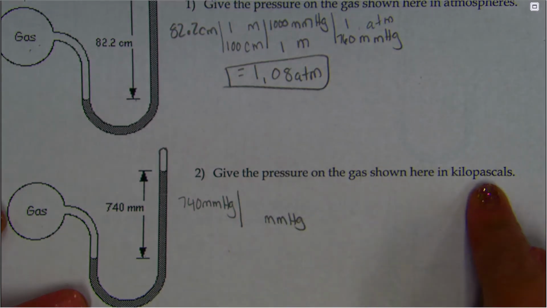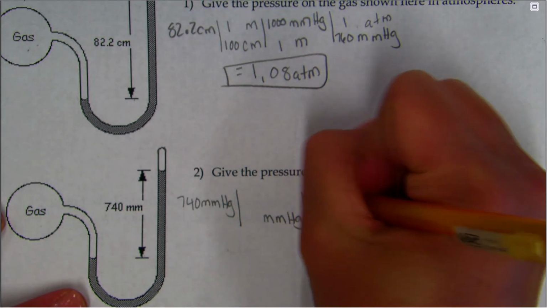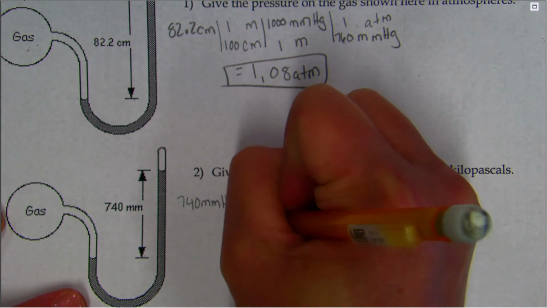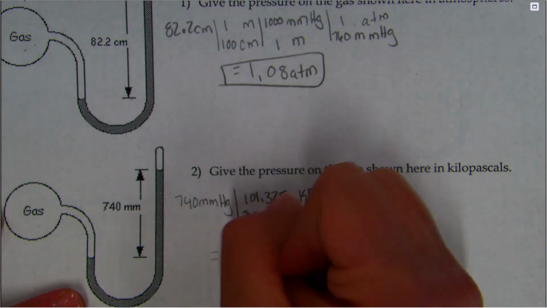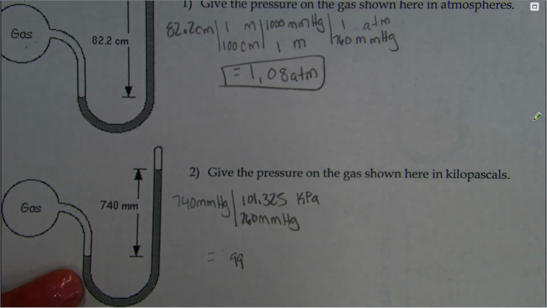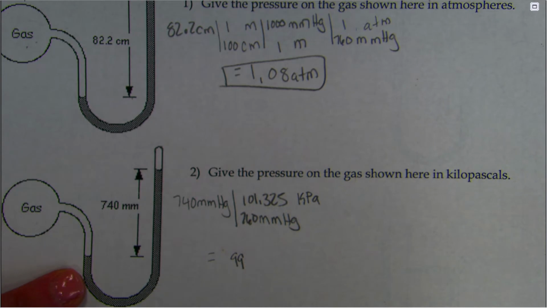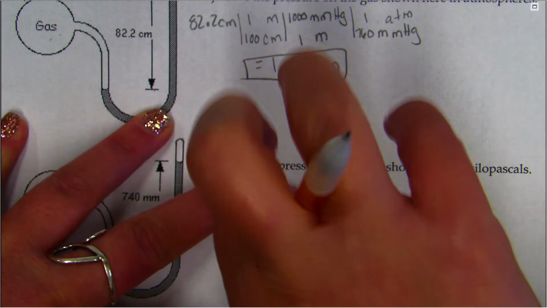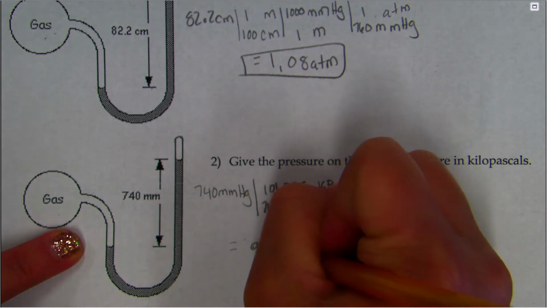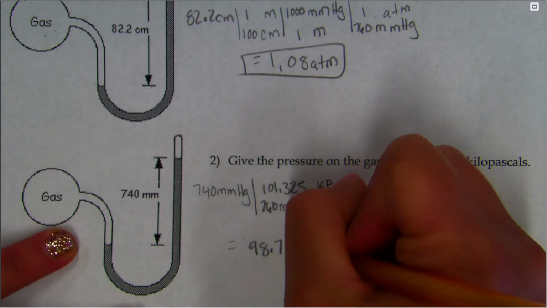It does ask me to go to kilopascals, and I know 101.325 kilopascals is 760 millimeters of mercury, which is 99. Let me plug this in and do my rule of 3 here. .7 kilopascals.